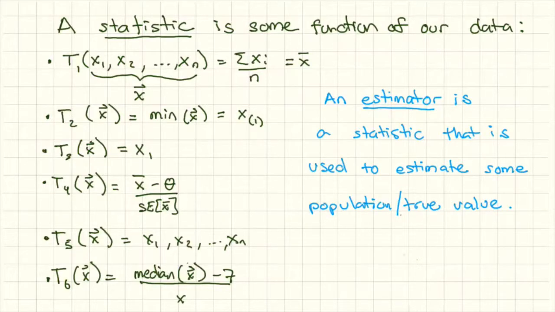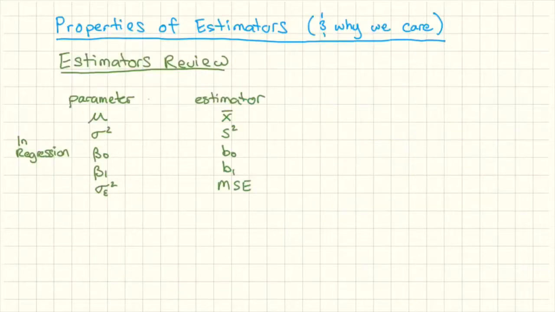So when we're talking about estimators, we're talking about a statistic that we're using to estimate some population value or a true value. Examples of this would be the population mean, for which we would use the sample mean, or the population variance, for which we would use the sample variance. When we're doing regression, we have our betas, and then we're going to have our estimators for them, which are, again, functions of data.